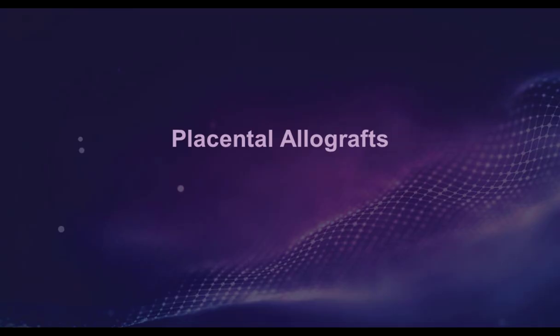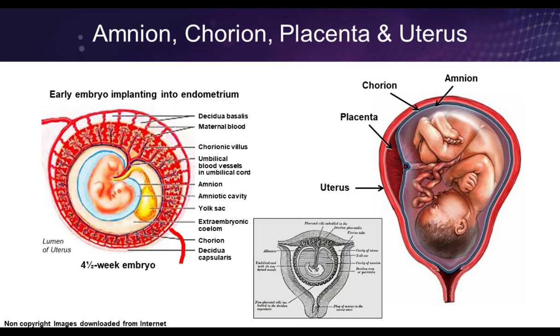So shifting then again to the placental allografts, we've seen that in the step down then step up concept, placental allografts have the potential to really make a significant impact in the way a wound will heal. Now, in case you've forgotten a little bit of the placental anatomy and physiology, let me just remind you very quickly about where the amnion, chorion, placenta and uterus all fit together.